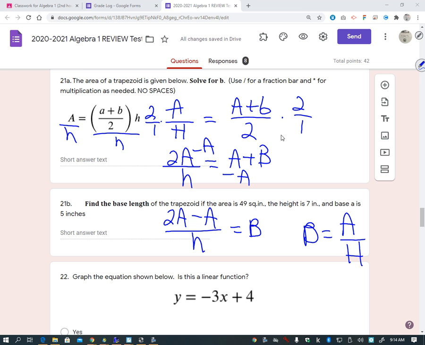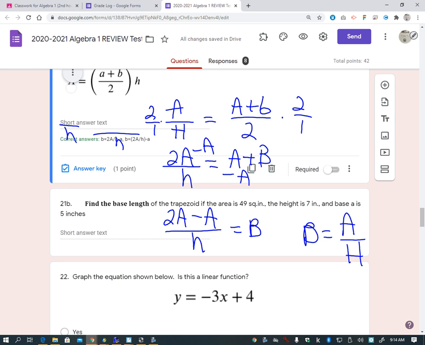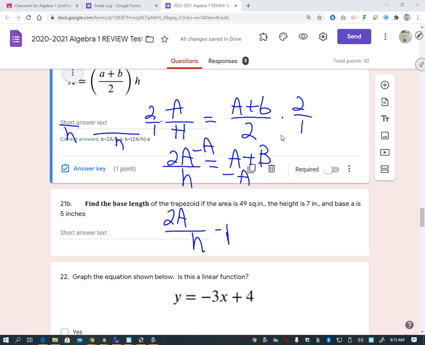Let's see if we're right. Hold on. Oh, I see. Okay, so I messed up. So I put this out over here, which I didn't think I'd messed up, but I did. All right, this is 2a over h, just minus a out here, equals b.